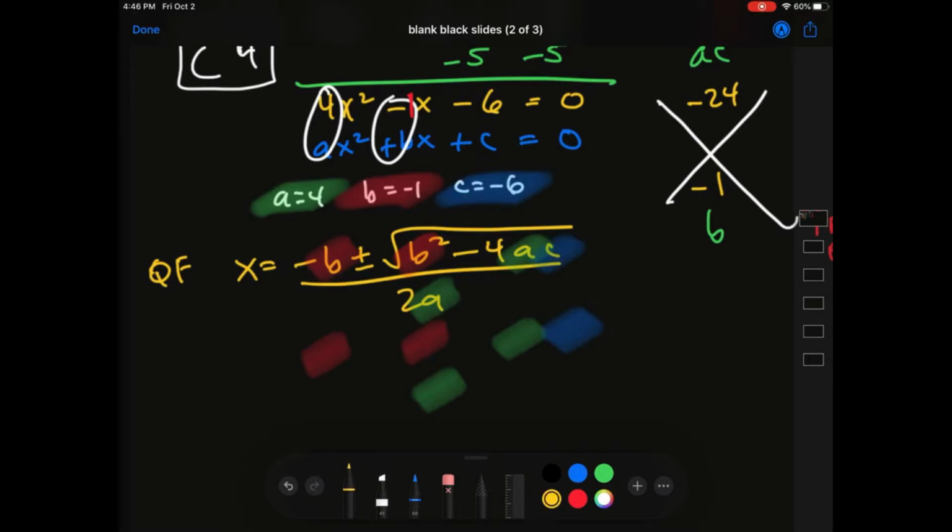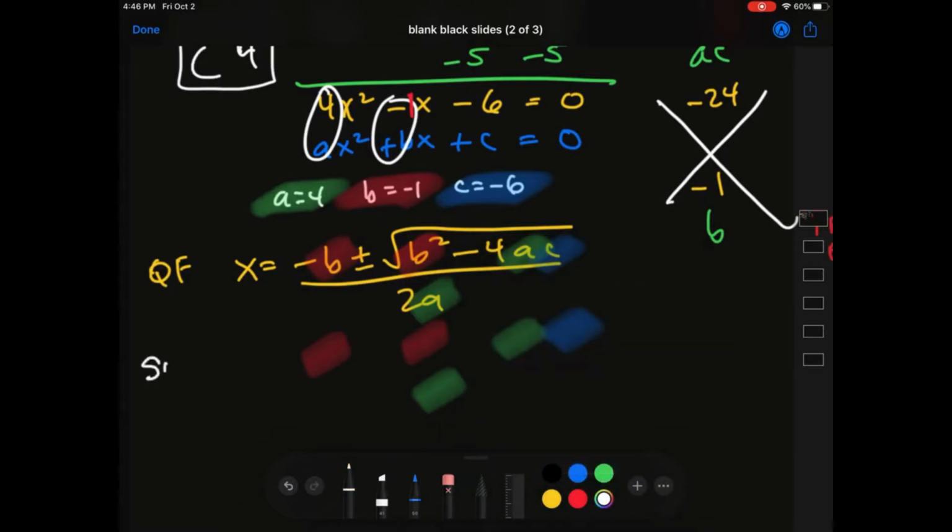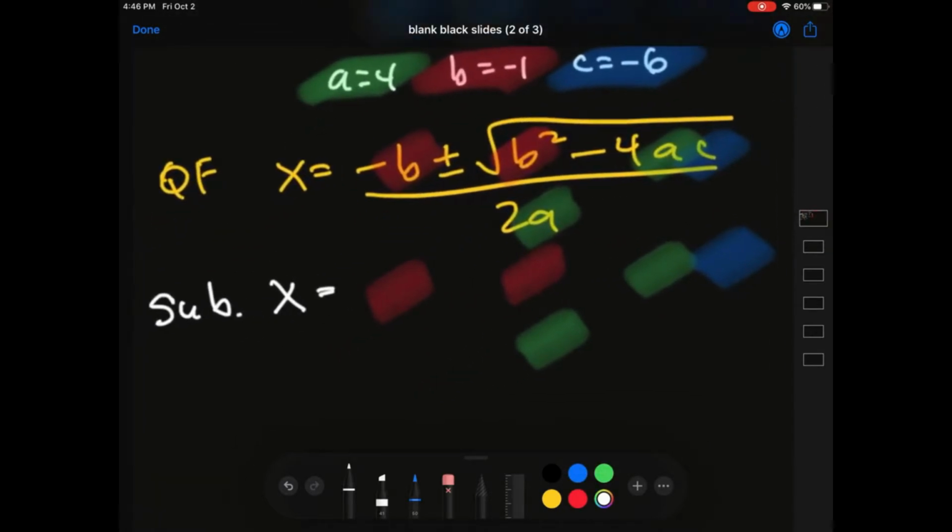So what are we doing now? We are doing a substitution. X equals, I'm basically just copying everything above. Negative, that negative sign has to stay out there. And anytime I'm replacing a value like the b value, negative 1, you put it inside the parentheses.